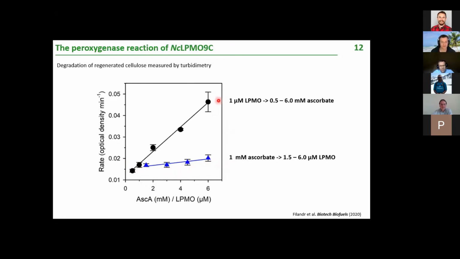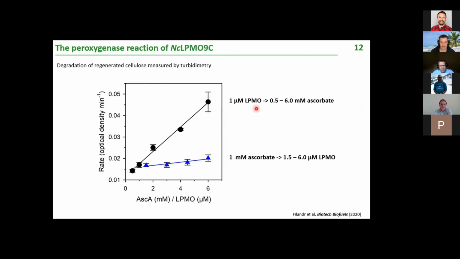However, when we maintain a constant LPMO concentration, but increase the ascorbate concentration, then we see a linear relation. So here, the more ascorbic acid we add, the higher the reaction. And in fact, this should not happen if we assume a reaction with molecular oxygen.